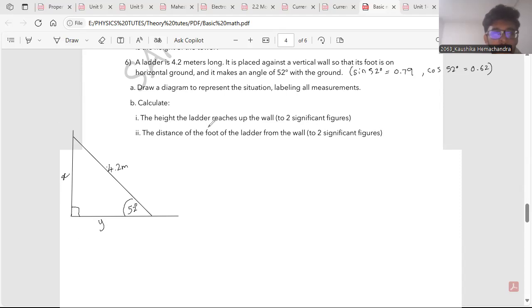You are given the sine value and cos value for 52 degrees. Find both and send the answer. It's not that hard, no?